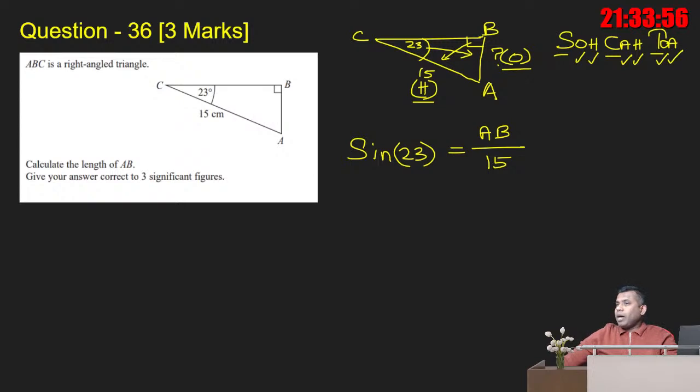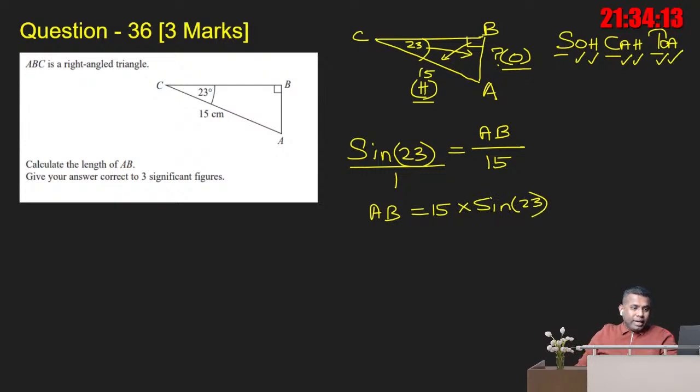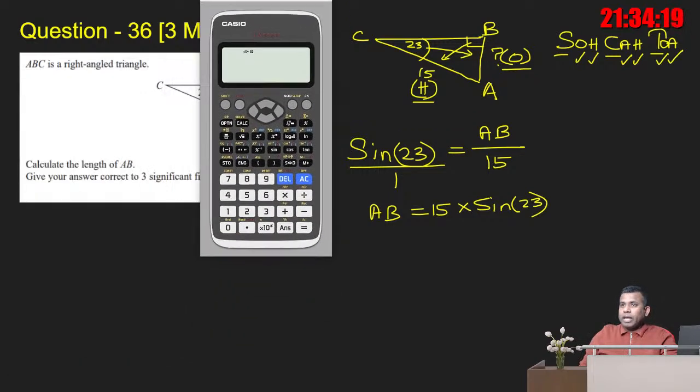So opposite over hypotenuse is sine, and sine 23 over 1, you cross multiply. So AB times 1 is AB, equal to 15 times sine 23, right? So you are all using your scientific calculator. I'm using a Casio 991, a simulator version of the calculator.